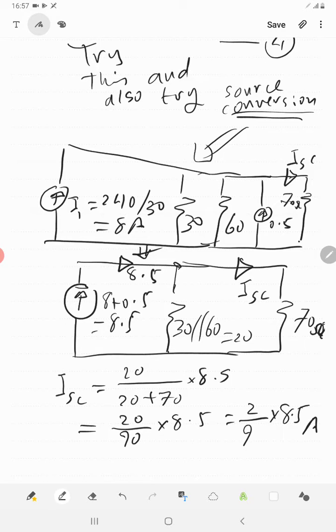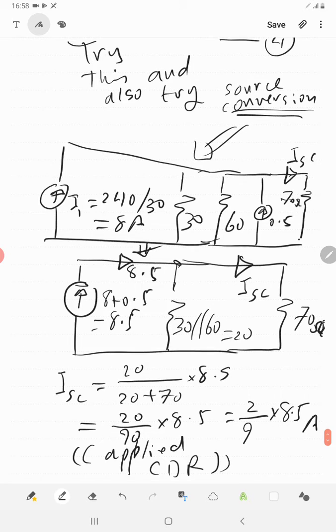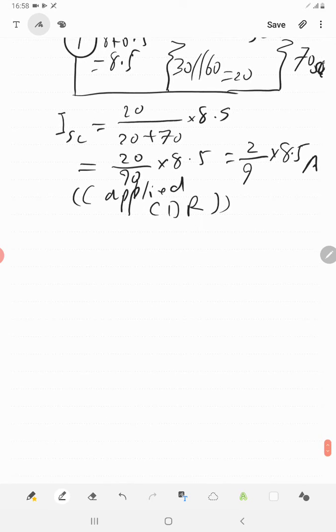So what we applied here is the current divider rule, and we found directly the short circuit current. To determine R Norton, we have 60 here, 30 here.